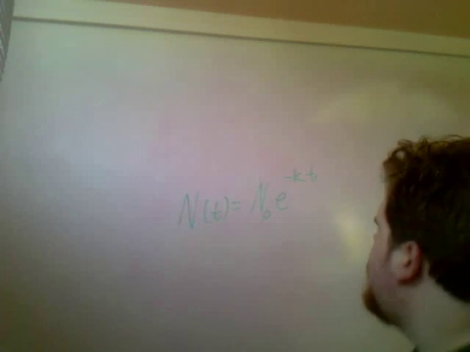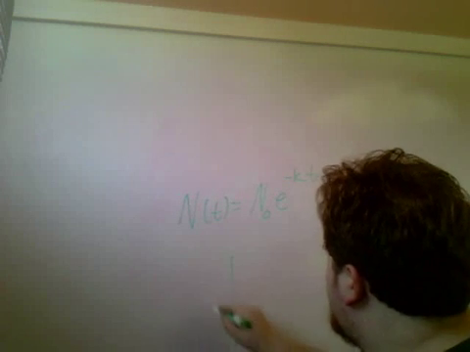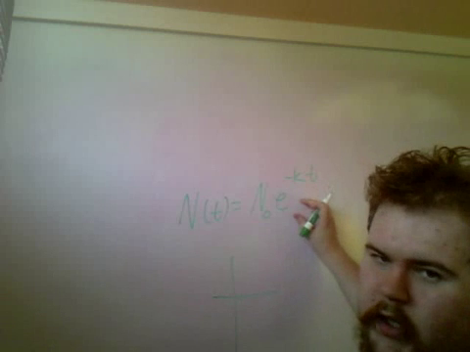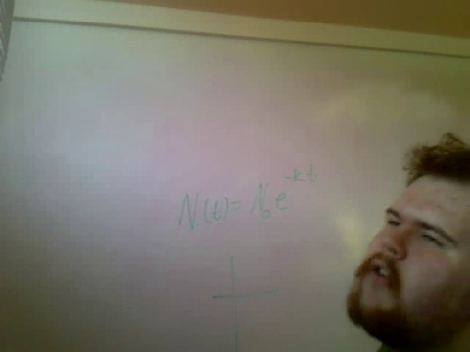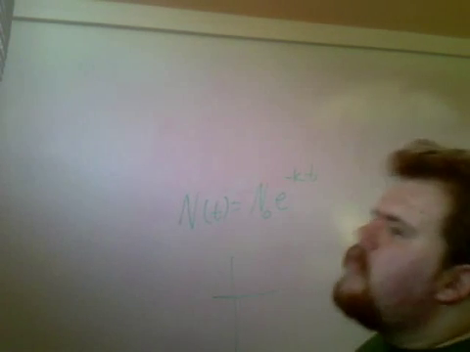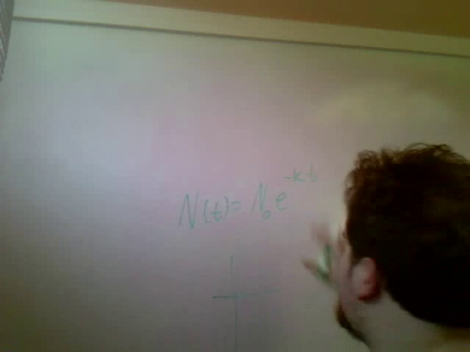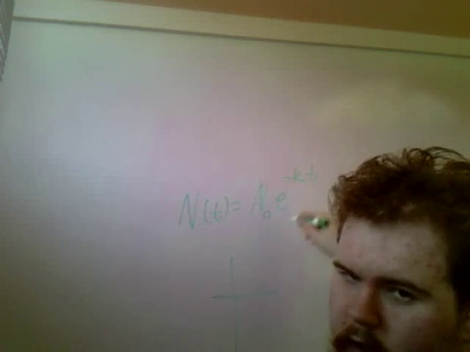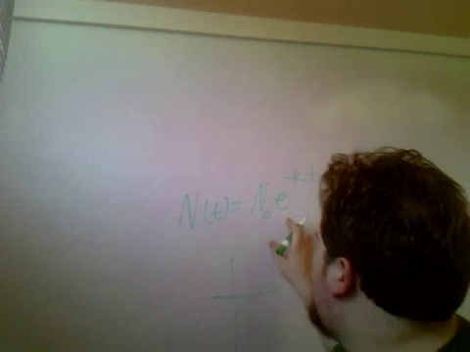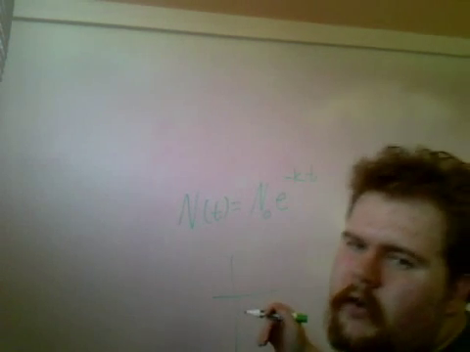And what you have here is you start off, when t is equal to 0, e to the 0, anything to the 0 power other than 0, that's a weird behavior. Anything other than 0 taken to the 0 power is 1. So this quantity here is 1 when t is 0, so 1 times n0 is n0.